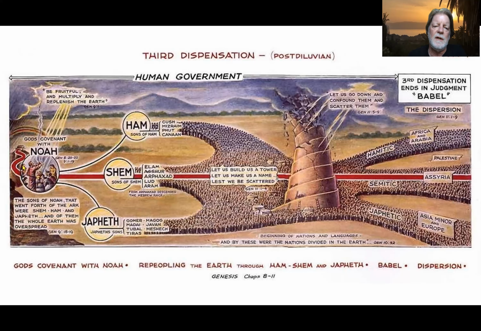You can see in this diagram that Ham, Shem, and Japheth, Noah's sons, each produced a branch of the family tree, but Shem was God's choice for the road to redemption. So from each one of those families, you'll notice there's a convergence on the Tower of Babel.